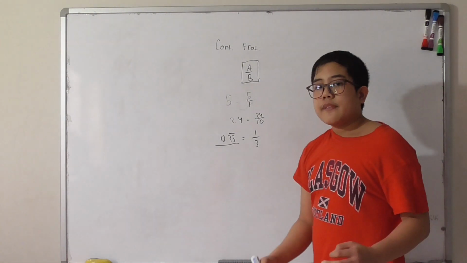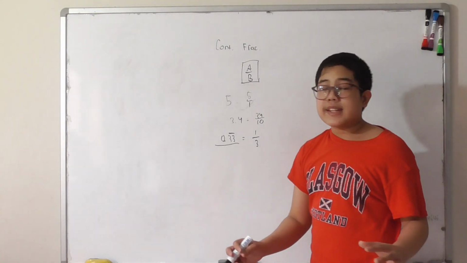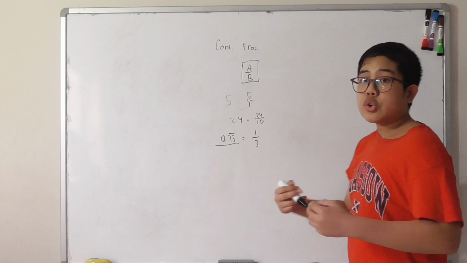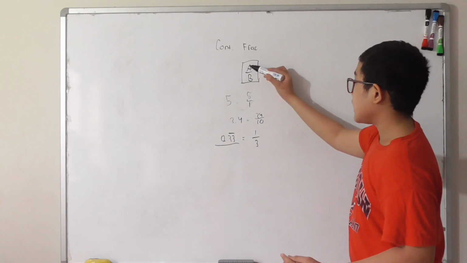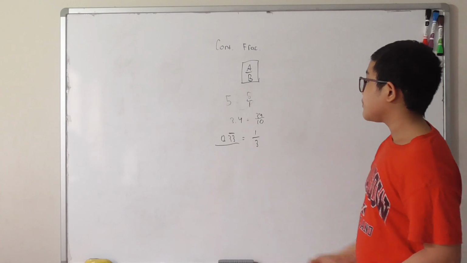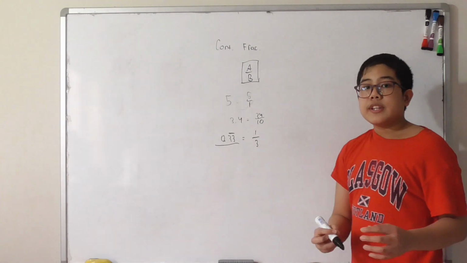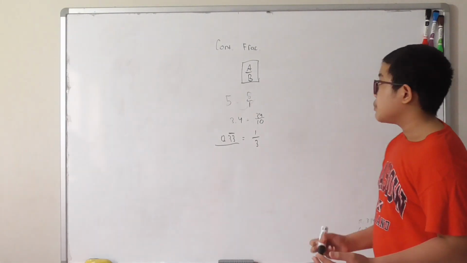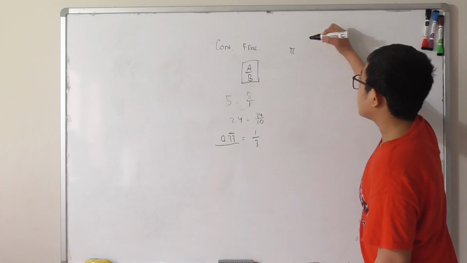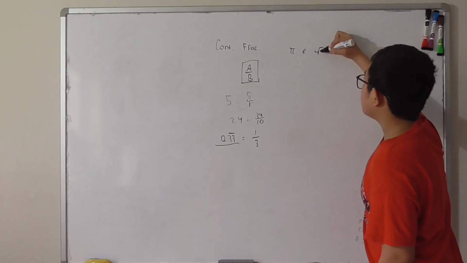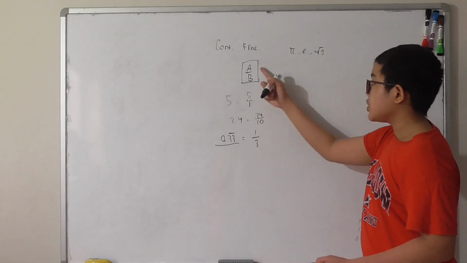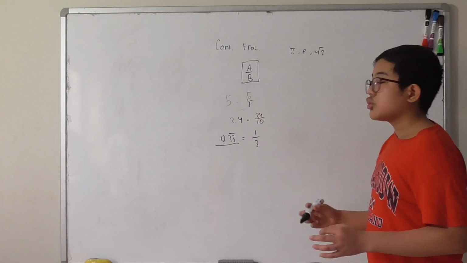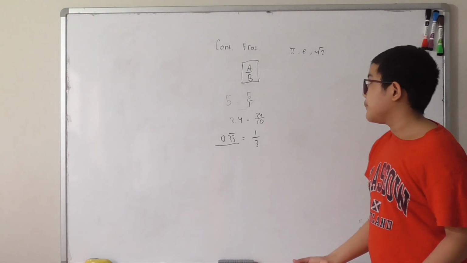And actually, there are many more numbers that are not rational, irrational numbers, that cannot be expressed by a number a divided by another number b. And there are a lot of different irrational numbers. Let's take a look at the most famous ones: pi, e, square root of 2, and much more. All of these cannot be expressed as an integer divided by another integer, which is what they call an irrational number.